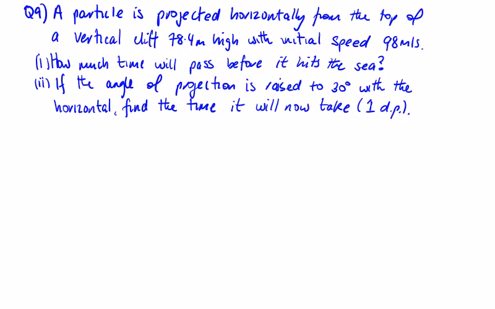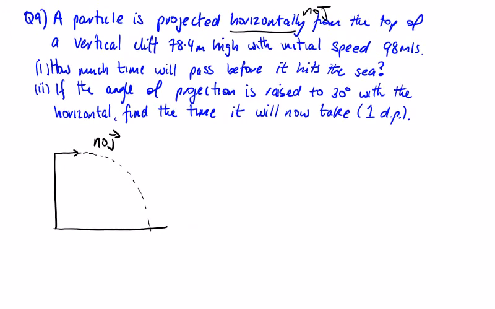Question 9, we're given a particle is projected horizontally from the top of a vertical cliff 78.4 meters high. Now, if it's projected horizontally in this direction, it means there's no j. Horizontally, no j. That's 78.4 meters high.